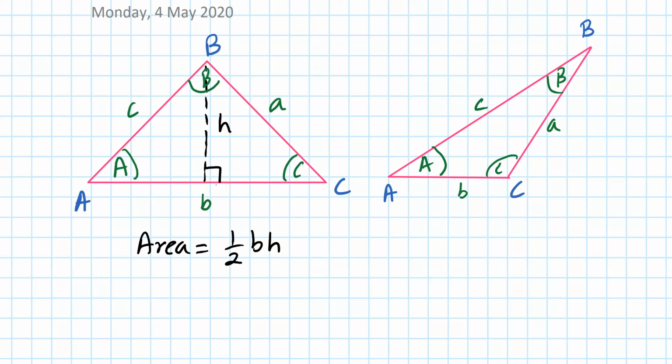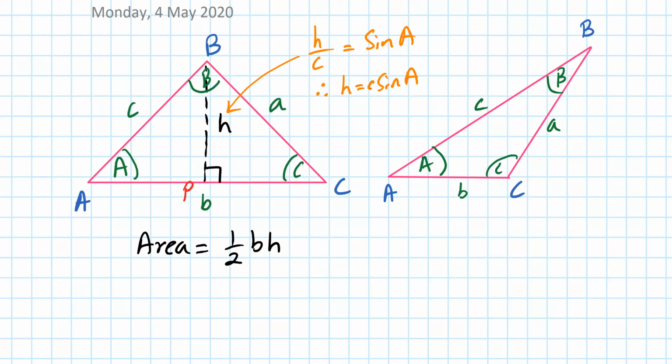Let's find it. If you consider this point as, let's say, P, ABP is a right angle triangle. Hence, I can apply trigonometry to find the height H. And I know that H divided by c is opposite over hypotenuse, sine A. Therefore, I can write down H equals sine A times c.